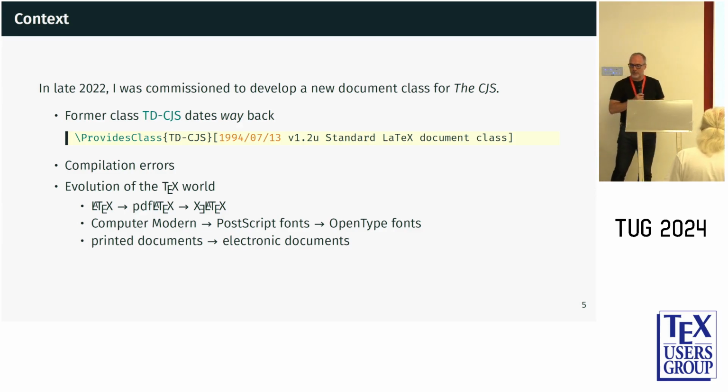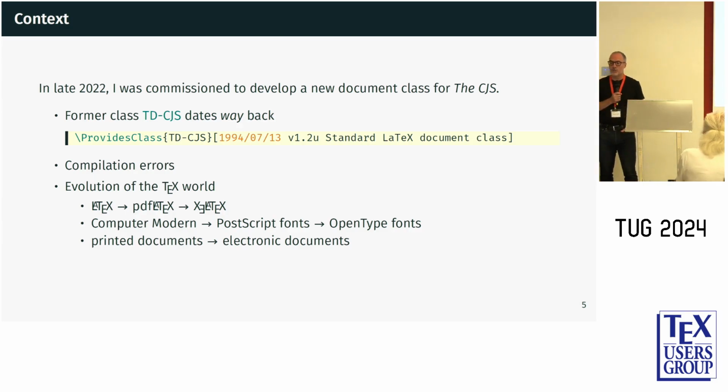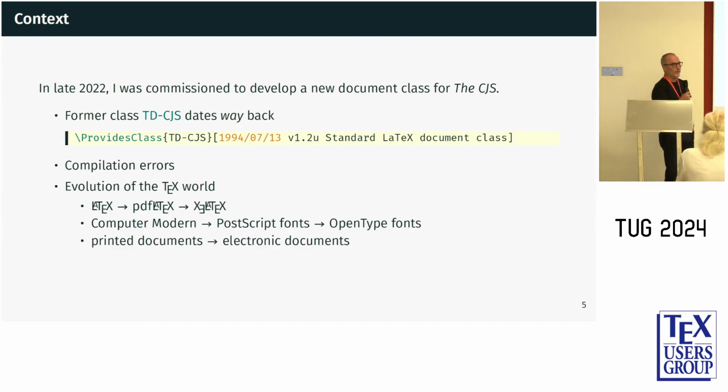So now we have these new engines, and one important aspect is the fact that they support OpenType fonts. In 1994, we were still pretty much using Computer Modern. The PostScript fonts were available, but there's no comparison with the choice of fonts that we have nowadays.